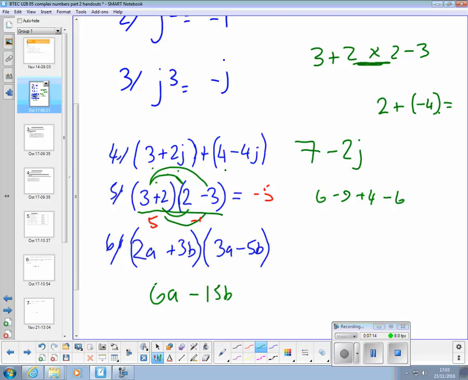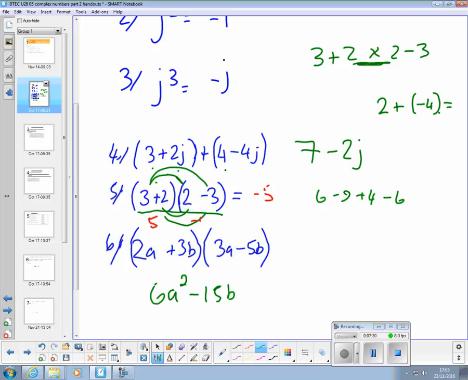You've got to do that times that: 2a times 3a is 6a squared. And 2a times minus 5b is minus 15ab.